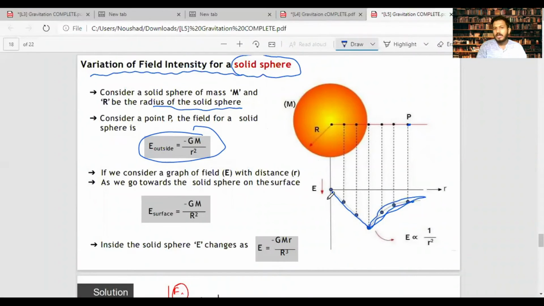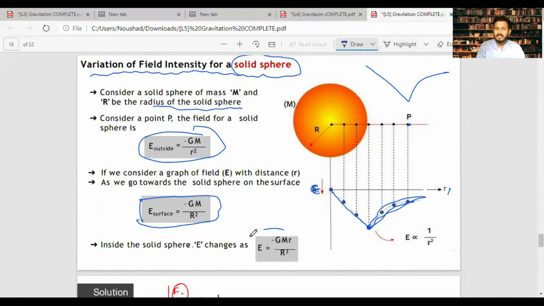This is gravitational field intensity, and this is r. The shape of the graph is first a straight line, then a parabola. Because at the surface, minus GM by R square is the gravitational field intensity due to a solid sphere.